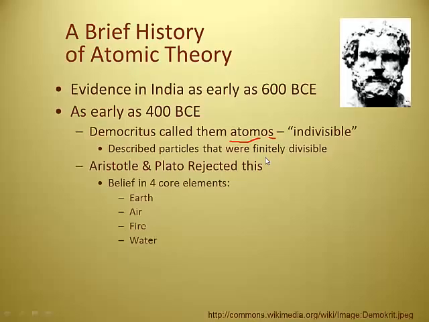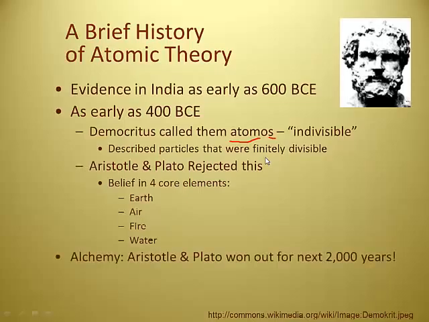So if you divided things into smaller pieces, eventually you'd get pieces of earth, air, fire, and water, not individual pieces of orange. This led to something we call alchemy. Aristotle and Plato won out, and alchemy ruled for 2,000 years. One of the tricks to alchemy was trying to discover how to make gold out of base metals like lead.